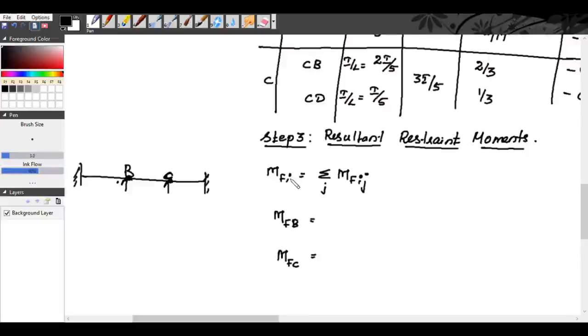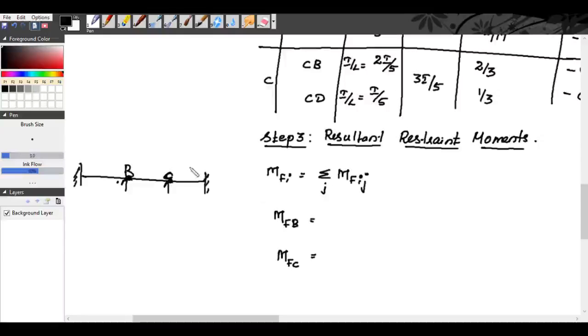So MFI, F represents the restrained moment here. So MFI means restrained moment at I. So MFB means resultant restrained moment at B, and MFC means resultant restrained moment at C. So it is the summation of all the fixed end moments meeting at the joints.